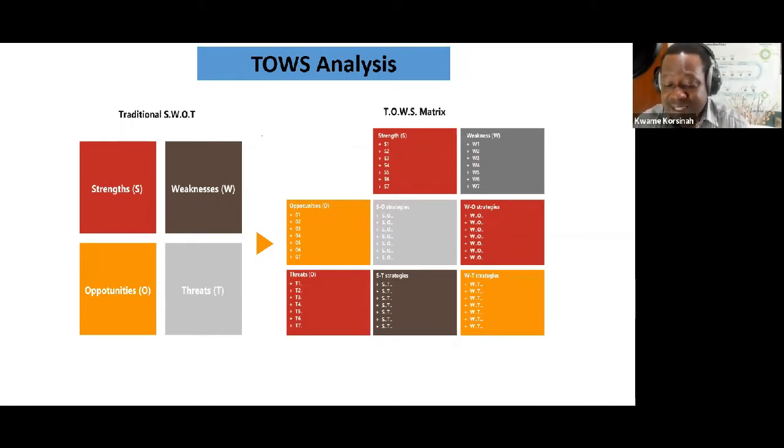These options are synthesized so that we can start refining and selecting what our priorities could be in the entire process. So we've done our SWOT analysis. The natural next stage is to look at the TOWS analysis to identify options in the process.